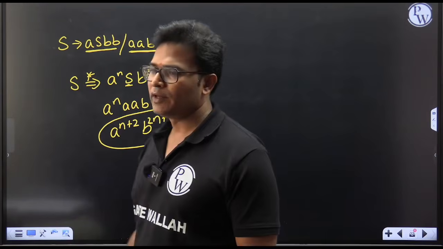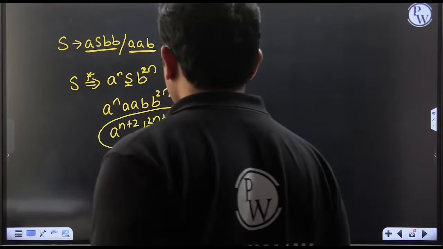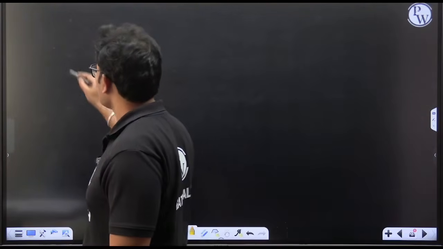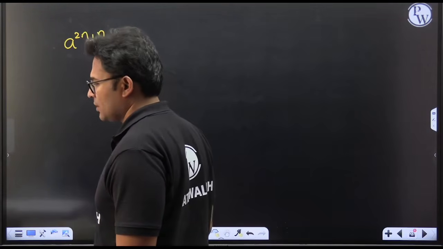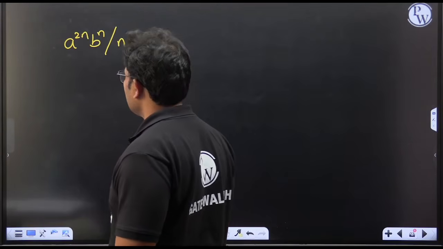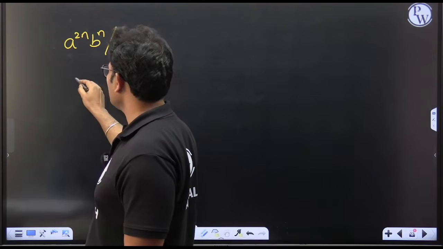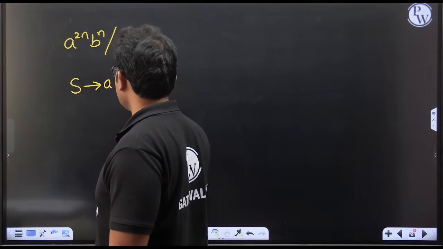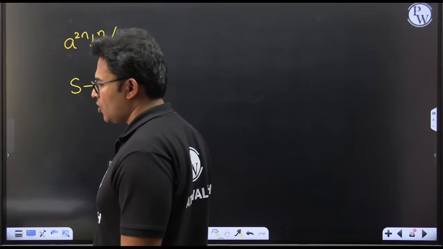Okay, so we will see more examples. Let's see one more problem. A power 2n, b power n such that n is greater than or equal to 0. So a should be double the number of b's. For every 2 a's, we are going to generate 1 b or epsilon, right?